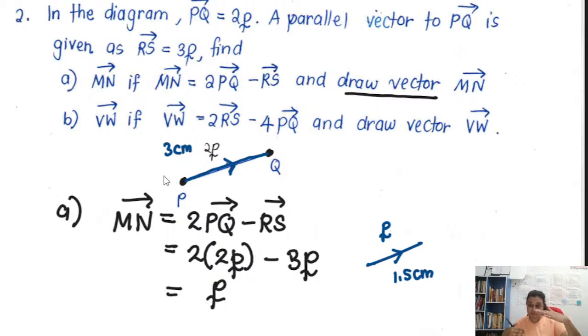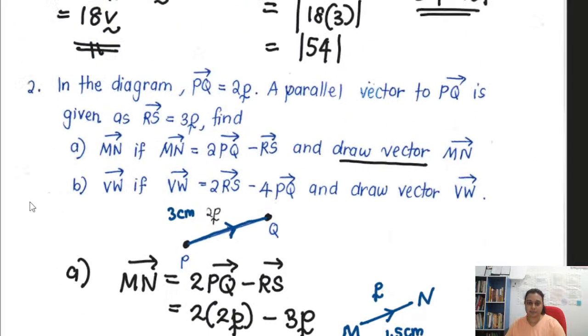So P means half, isn't it? Half of 2. So 3 cm divide 2, which is 1.5 cm. So this is MN. Inilah vector MN. Okay, clear? Yes, 3, correct.